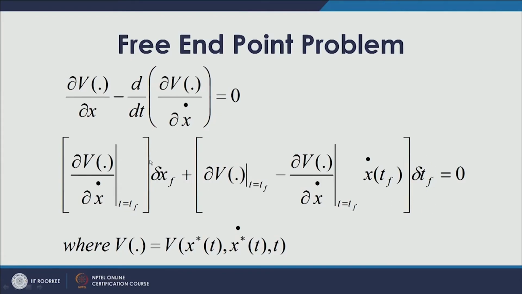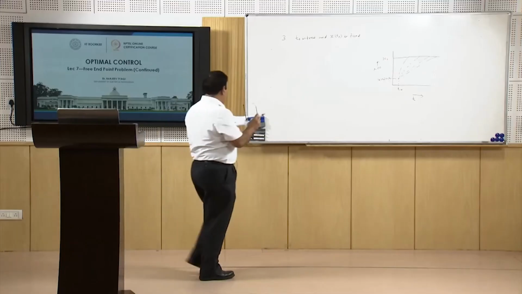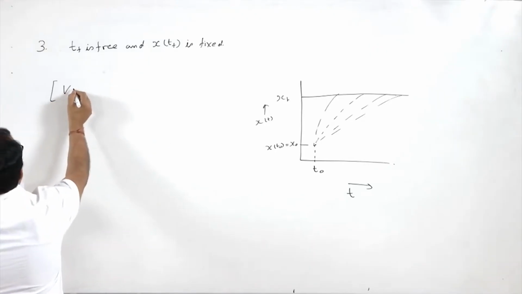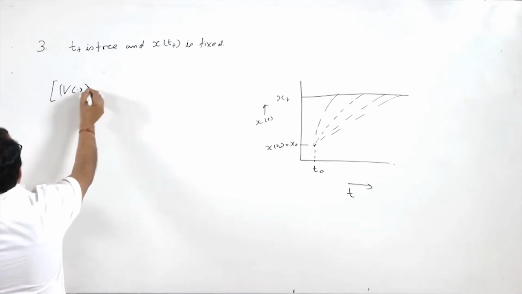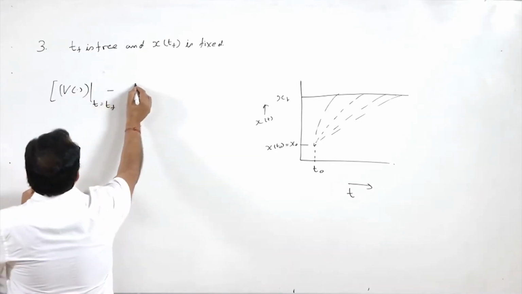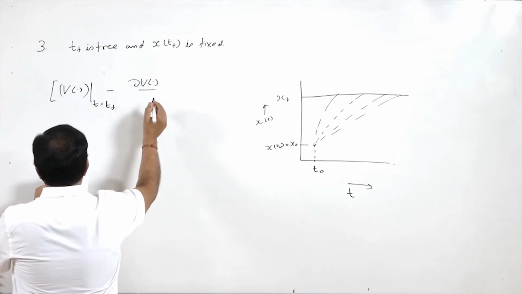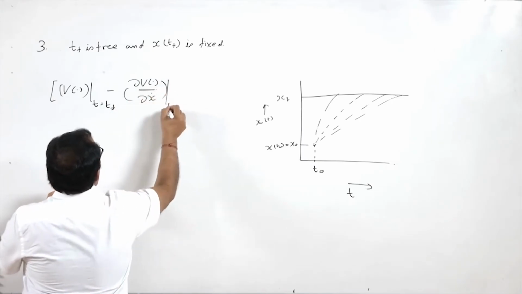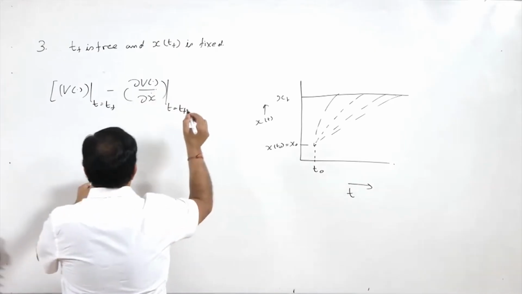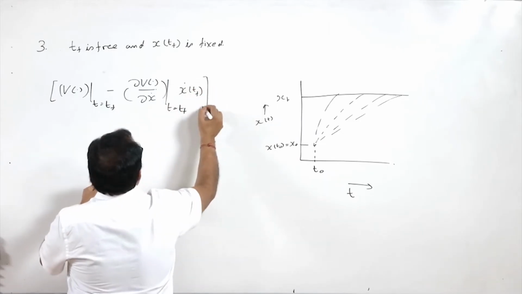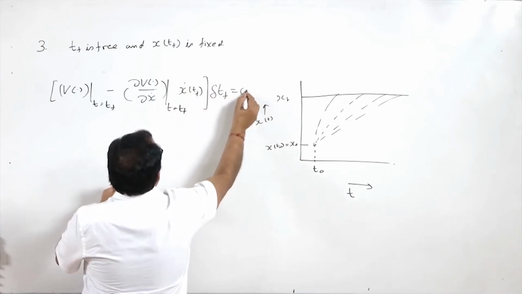If delta xf is 0, in this case the first term will become 0 and my terminal condition will be v dot, evaluated at t equal to tf, minus del v by del x dot, again evaluated at t equal to tf, times x dot of tf, times delta tf equal to 0.